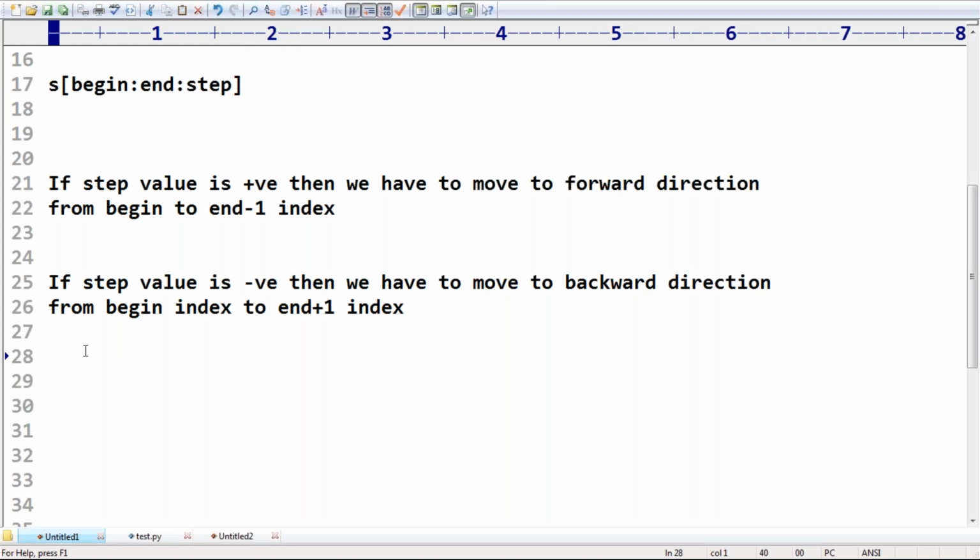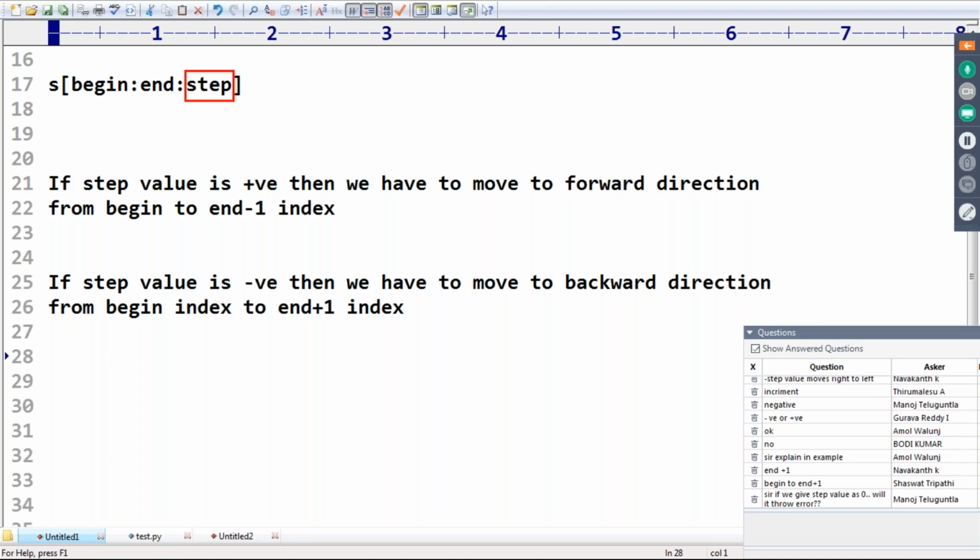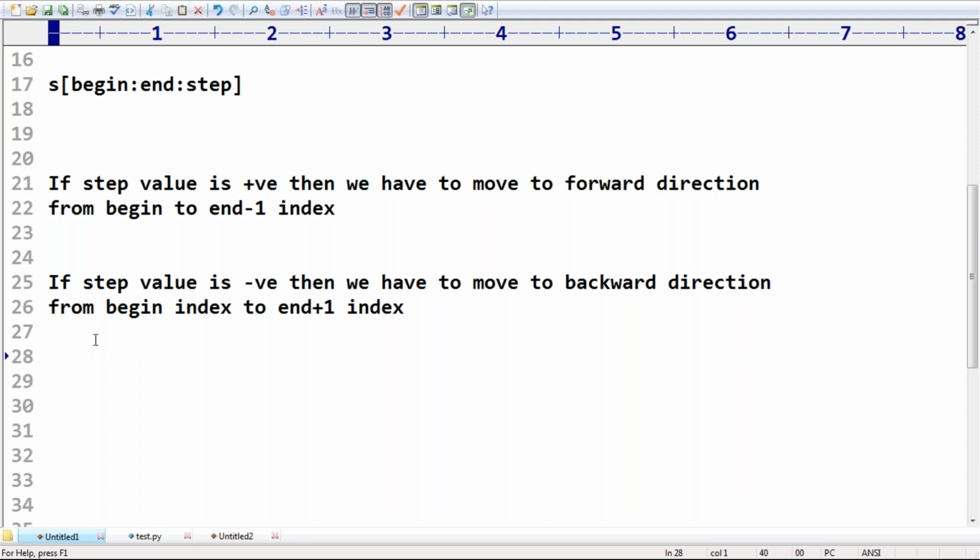Here we have the rule related to the step. Up to this, everyone can understand. Your direction of moving is decided based on the step: positive means forward direction, negative means backward direction.